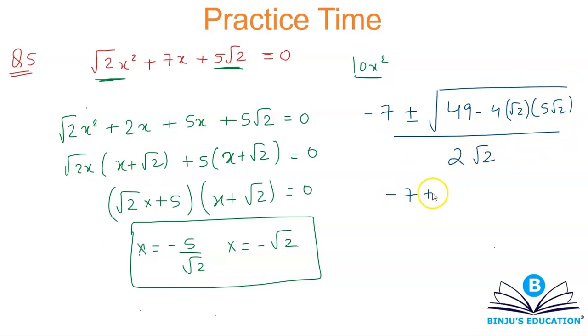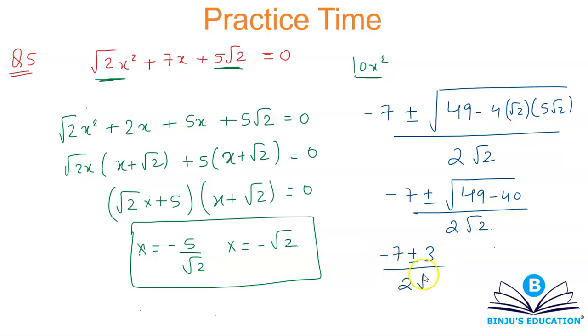So minus 7 plus minus root of 49. Now 5 root 2 into root 2 is 10. 10 into 4 is 40. So that's minus 40, by 2 root 2. So 49 minus 40 is 9. Root of 9 is 3. So minus 7 plus minus 3 divided by 2 root 3. Sorry, not 2 root 3, 2 root 2.